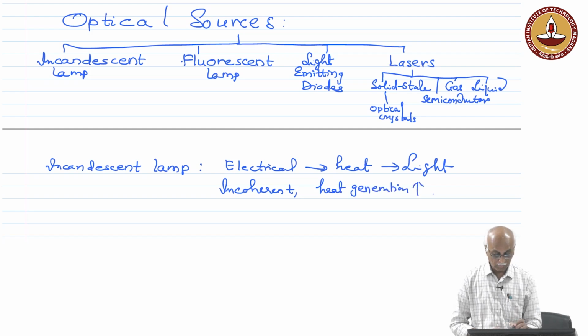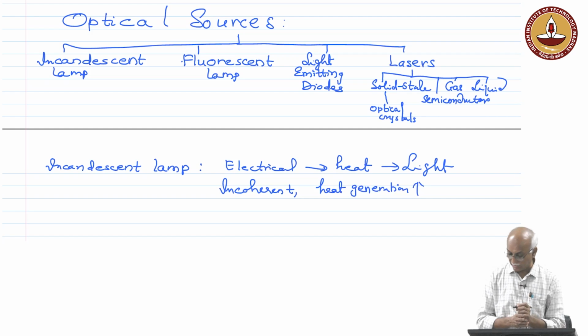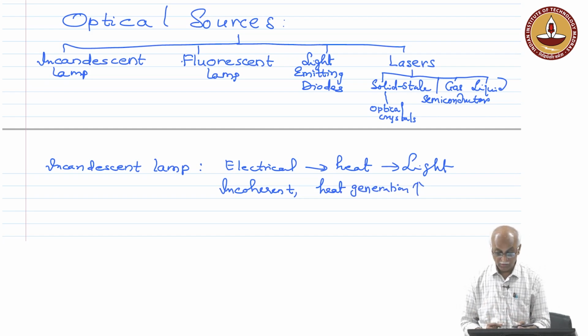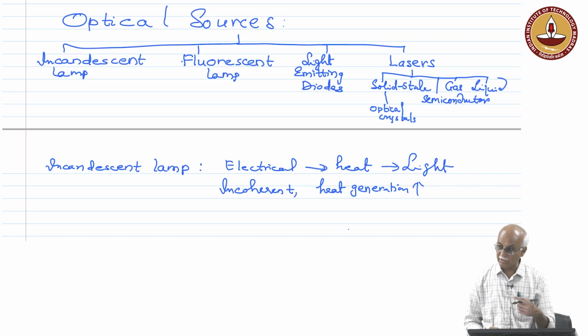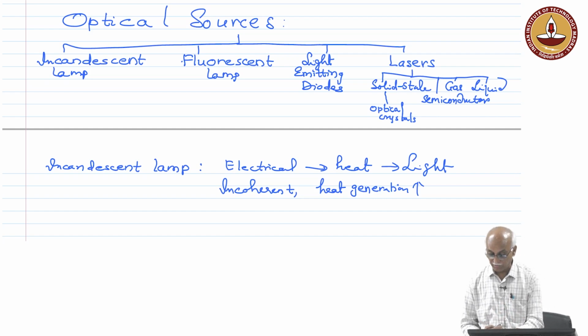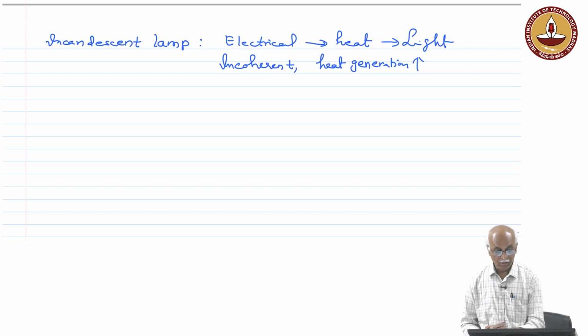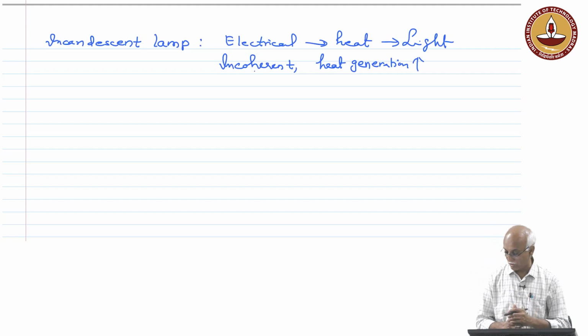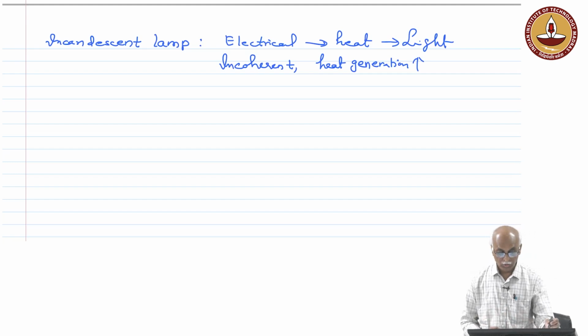Still it can be used, we will see some applications where we can still make use of these filaments, tungsten wire filaments, or other materials which can be used as a filament to generate such optical light. So, this is about the incandescent lamp.